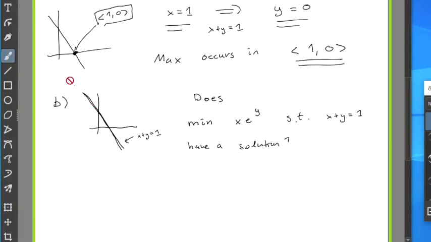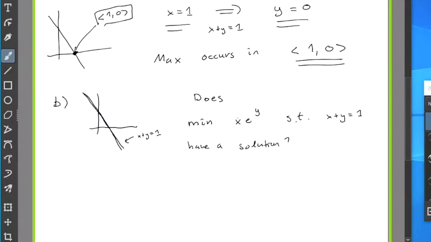And we would make x become arbitrarily negative, so x would go towards minus infinity. Minus infinity times infinity is minus infinity. That hand-wavy argument shows us that we can make the function arbitrarily small on the set of feasible points, and by arbitrarily small I mean arbitrarily negative, and therefore there cannot be a minimum on the set.